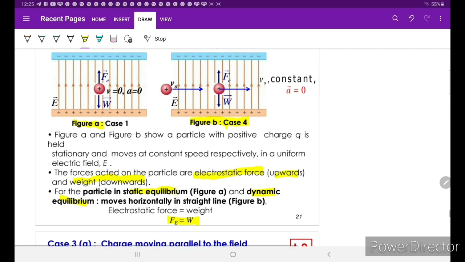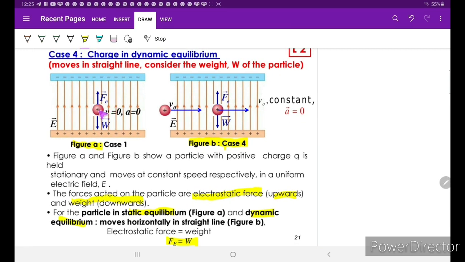The electrostatic force we see here, the charge in the uniform electric field is a positive charge, so it will be attracted to the negative plate with force Fe, upward. At the same time, both charges, figure A and figure B, have a weight which is directed downward.